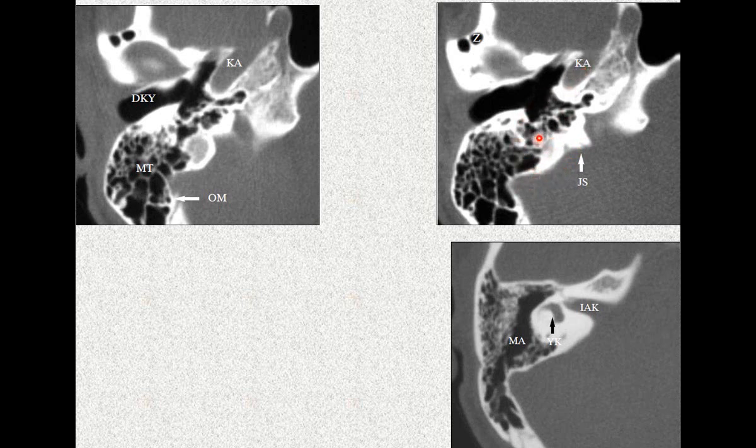These are zygomatic accessory air cells. At the level of the internal acoustic canal, we find the mastoid antrum and lateral semicircular canal. So this is the mastoid bone in high resolution CT, mastoid air cells.